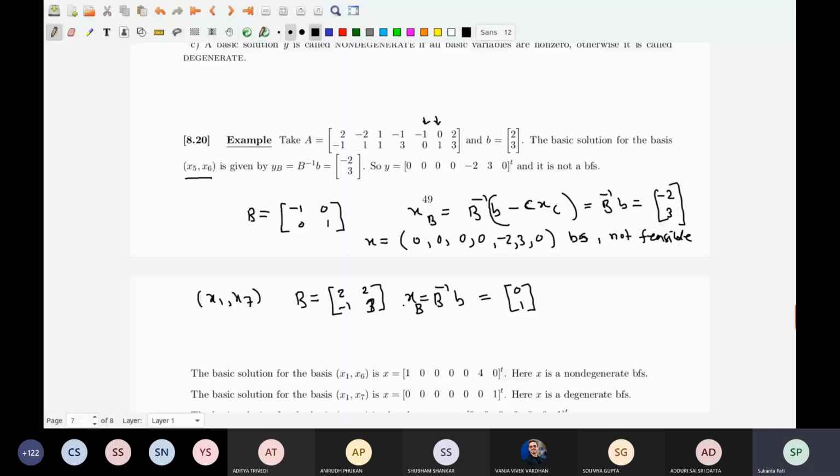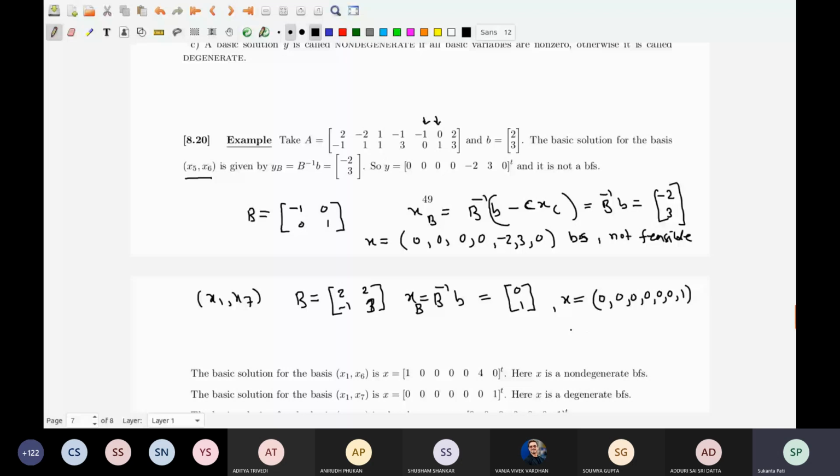So what is your x? The first one, x1, is 0. Then 2, 3, 4, 5, 6 are 0, and then the 7th one is 1. Is this a basic solution? Yes, basic solution, I just substituted xc equal to 0. It is a basic feasible solution, since everything is greater than or equal to 0.